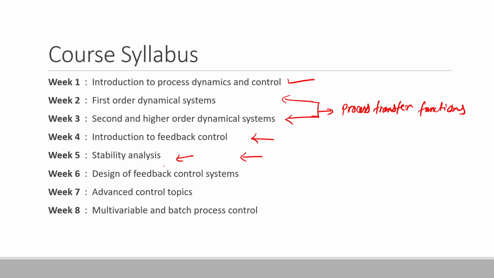Then in the last class we looked at the design of feedback control systems, whereby we looked at what steps are to be followed in order to design any control system. That includes defining the synthesis problem, then the selection problem, which involves selection of the controller. Then the main part was related to the tuning of the controller parameters.